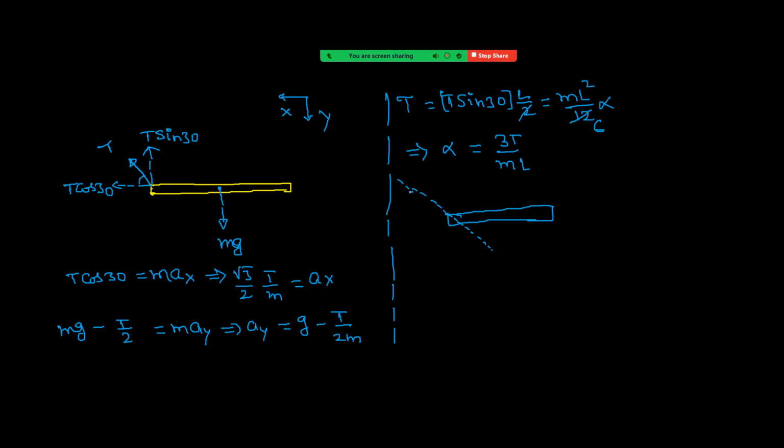That means we take acceleration equal to 0 along the string length. Now see what we can do here. This is ay, and this is ax. So we got ay downwards, ax left side.